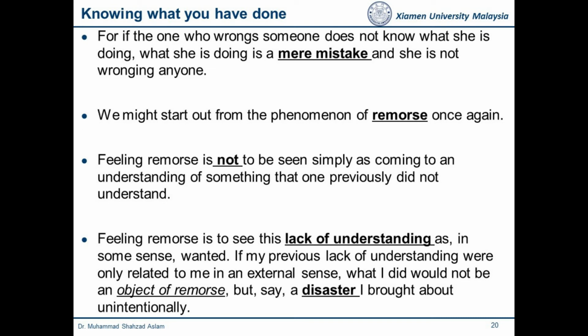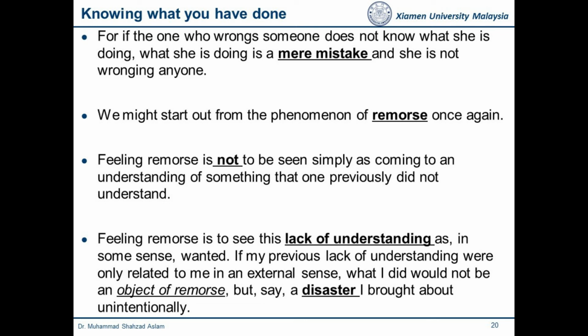Like we mentioned, feeling remorse is to see this lack of understanding, as in some sense what I did in my previous lack of understanding was only related to me in an external sense. What I did would not be an object of remorse, but say a disaster I brought about unintentionally.